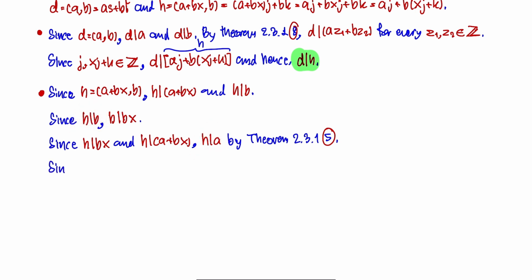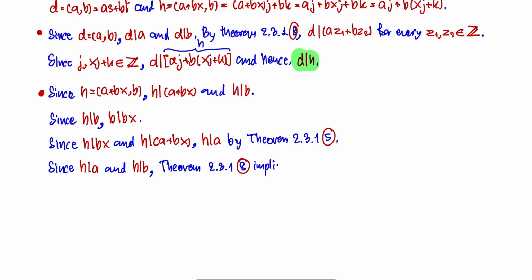So since H divides A and H divides B, we need to use divisibility properties. Theorem 2.3.1 property number 8: what does it imply?